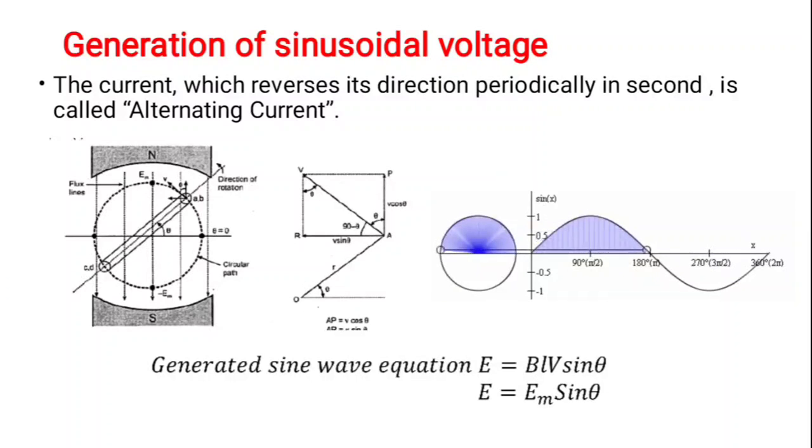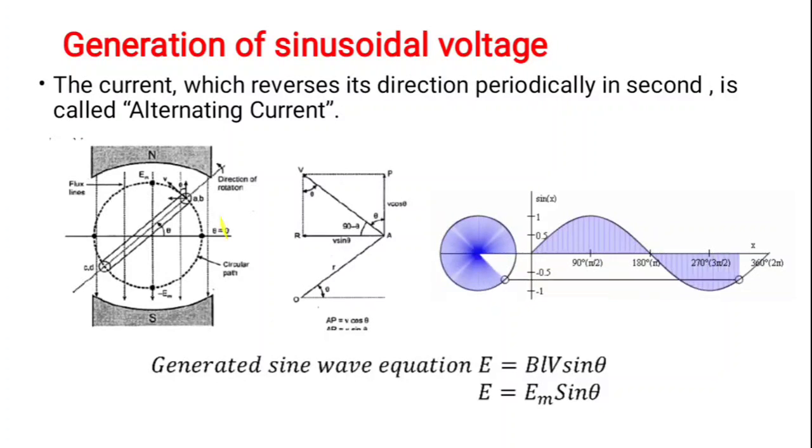If the conductor rotates in a circular path in anti-clockwise direction with an angular velocity omega, when it is at position number 1 where theta is 0, at that point the conductor is moving parallel to the lines of flux. There is no cutting of flux, there is no EMF induced, therefore at this position the EMF is 0.